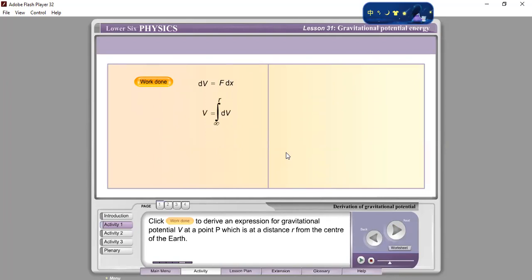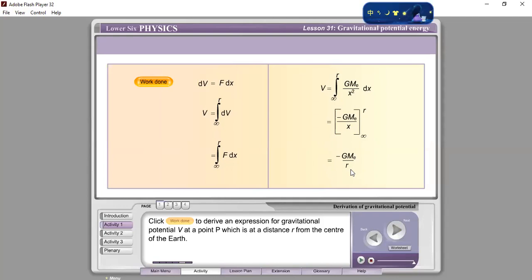Gravitational potential V equals the integration of dV over the limits infinity to R, which equals the integration of F times dx over the limits infinity to R, which equals the integration of G mE over x squared times dx over the limits infinity to R, which equals negative G mE over x over the limits infinity to R. Therefore, gravitational potential V equals negative G mE over R.